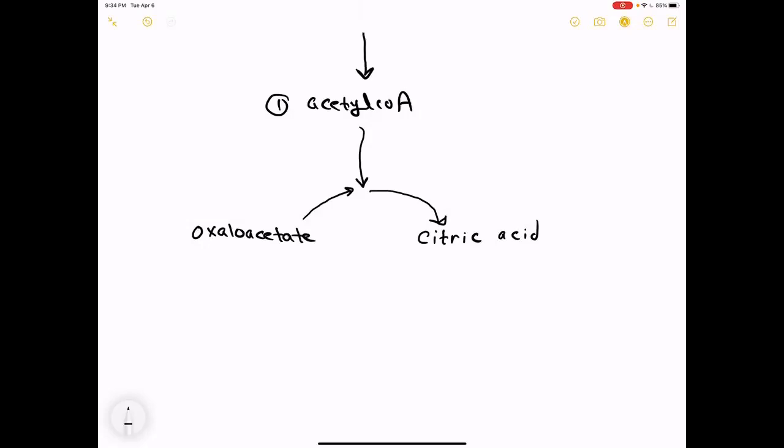So citric acid, to the most right, let me show you how it looks. COOH. I'm showing you citric acid. CH2.